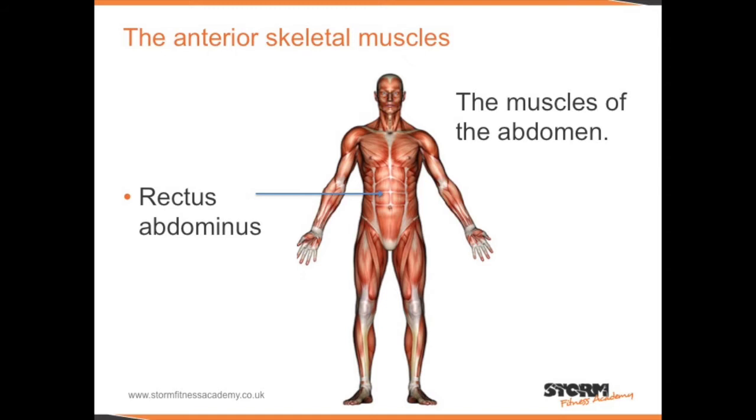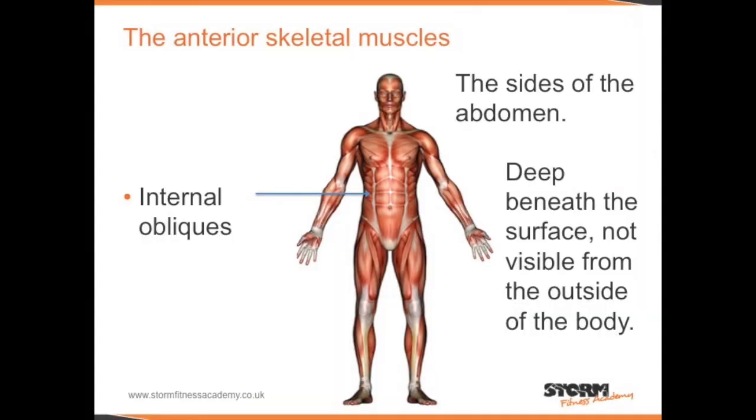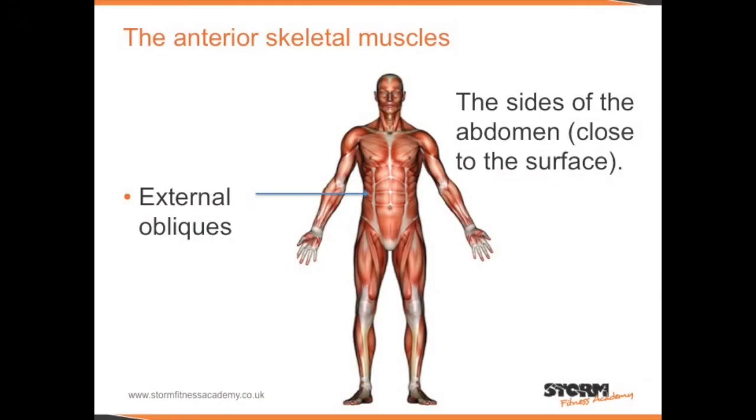Rectus abdominis. These are the muscles of the abdomen. Internal obliques. These are located on the sides of the abdomen. They're found deep beneath the surface, not visible from the outside of the body. External obliques.